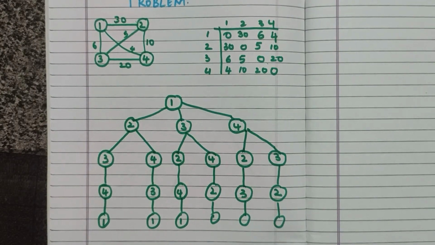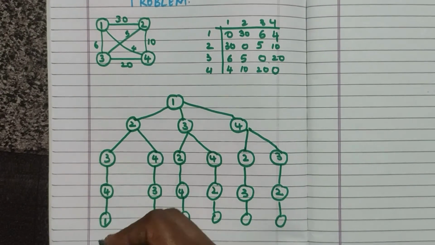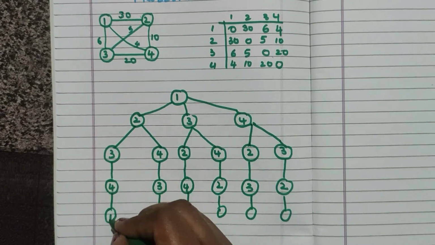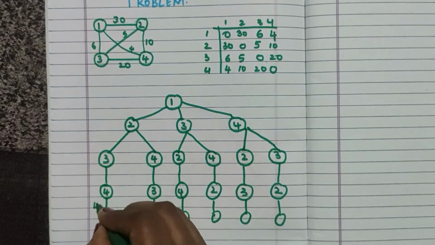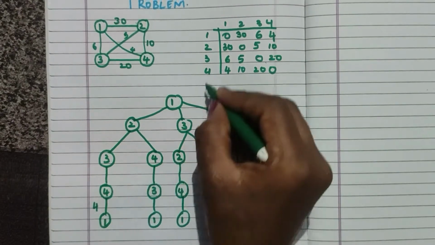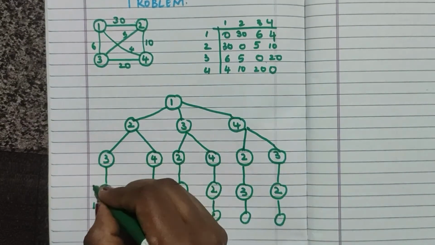So now let's update the values in this spanning tree and reach the shorter route. The main concept behind solving this traveling salesperson problem is that I need the shortest path to travel to all the nodes. So let's find the shortest path. Let's start from here. Now 4 to 1, the value is 4. Now 3 to 4, the value is 20.